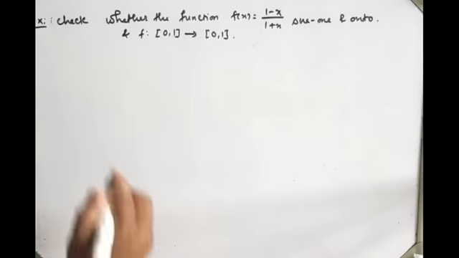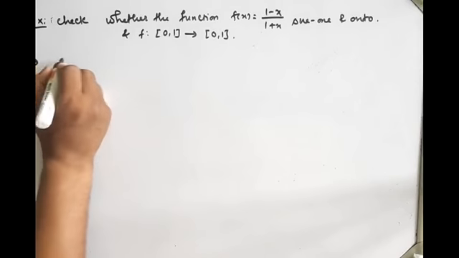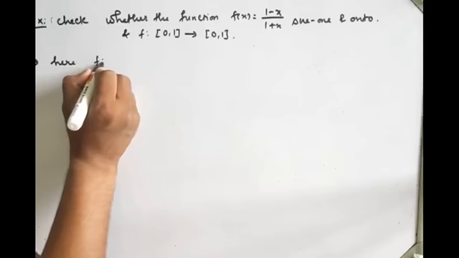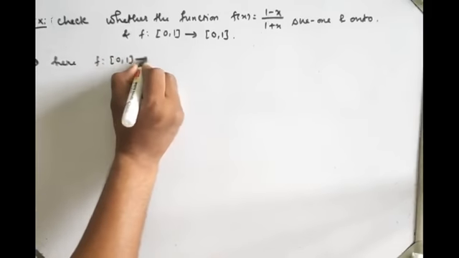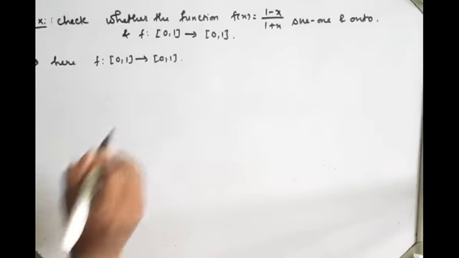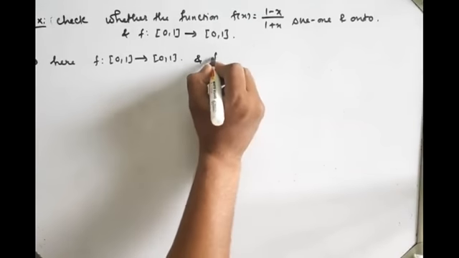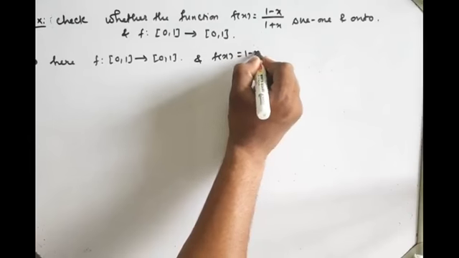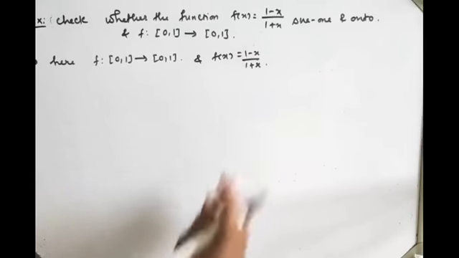Now to check whether it is 1-1 and onto, solution. Here f is from the closed interval 0 1 to the closed interval 0 1 and f of x is equal to 1 minus x upon 1 plus x.